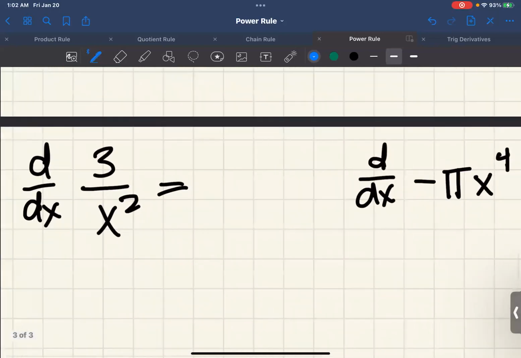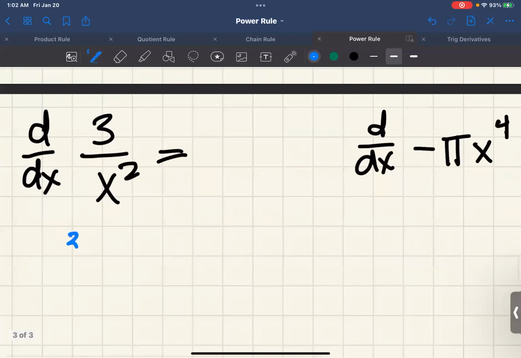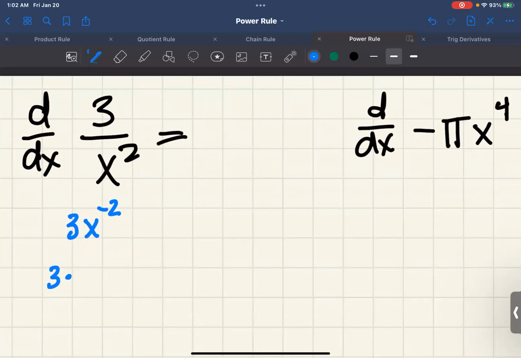Okay, next we have this one where we also don't really see what the power is going to be. So this is also going to be the same thing as 3x to the negative second power. So anytime an x squared is in the bottom of a fraction, or x to any power, that just means that the power is going to be negative. So when we take the power rule for this, we just do the same thing. We take the 3 out, and then we do times the derivative of x to the negative 2.